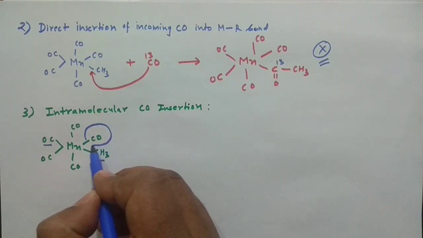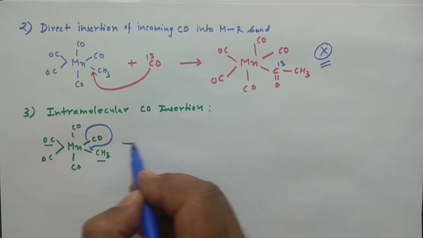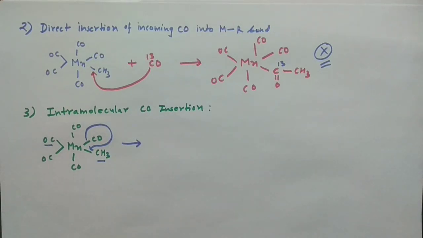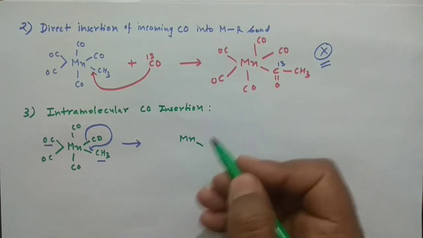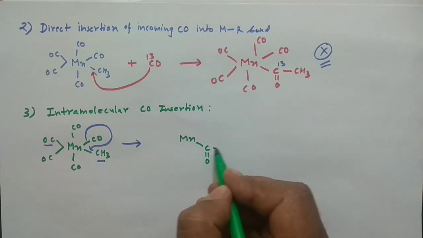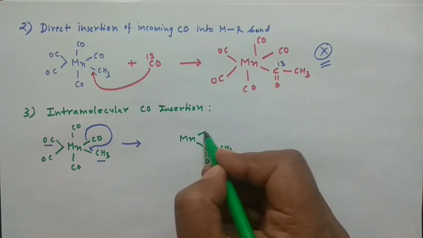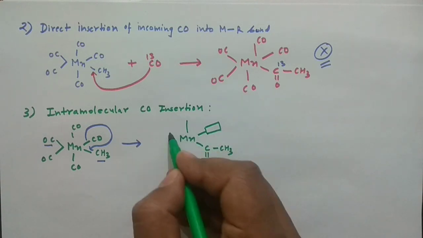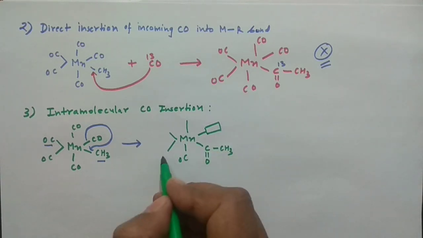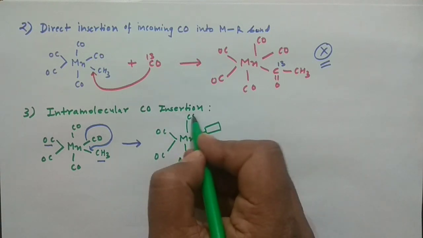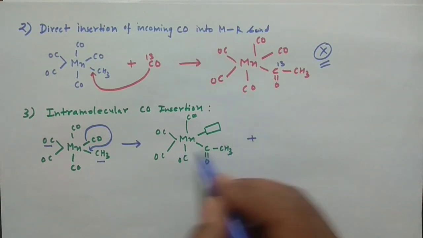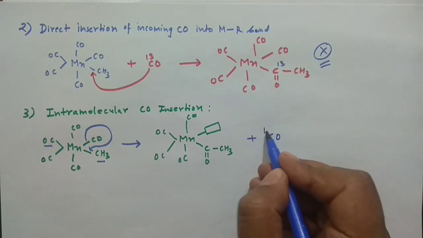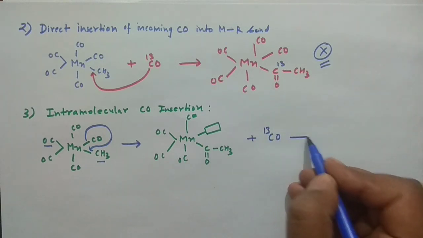Say it is inserting here. When it is inserting here, then definitely you will have this particular product, Mn C double bond O CH3, and of course this is your vacant site along with your carbonyls. And finally you will react this complex with your 13C labeled CO, and you will have your product.